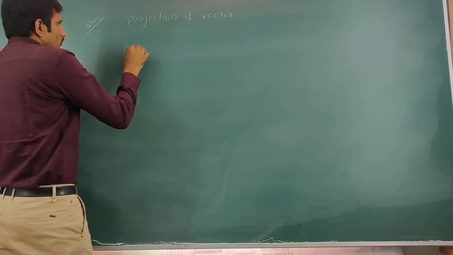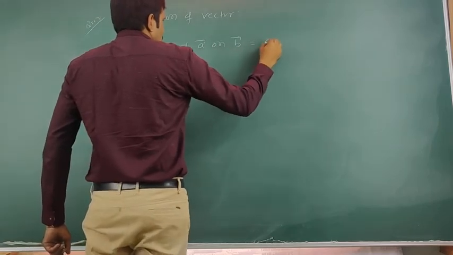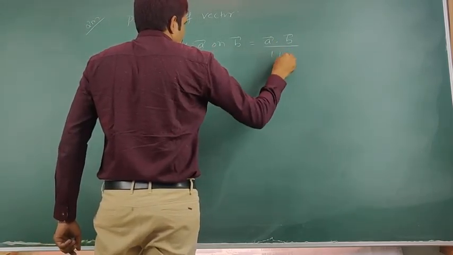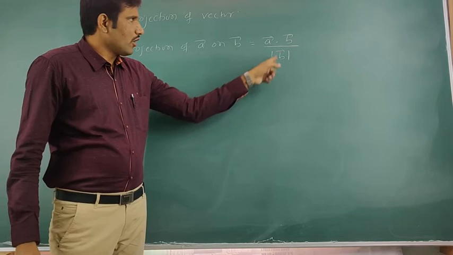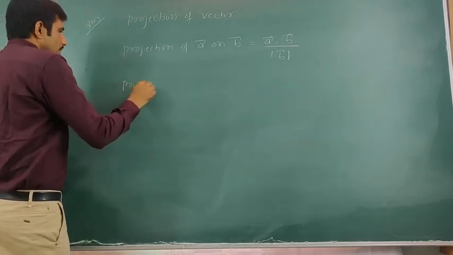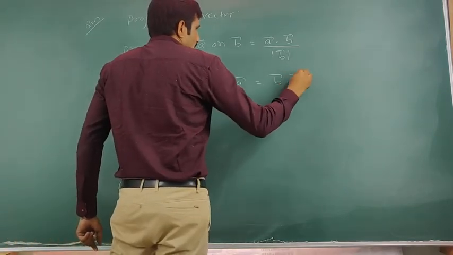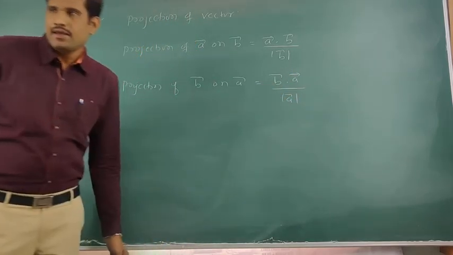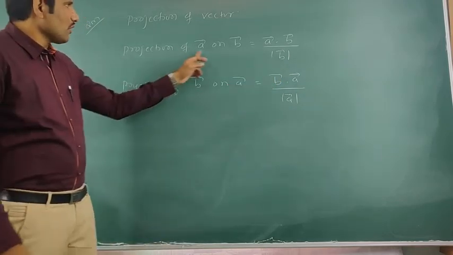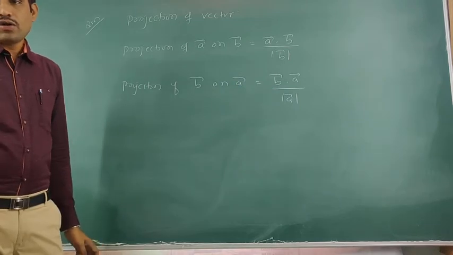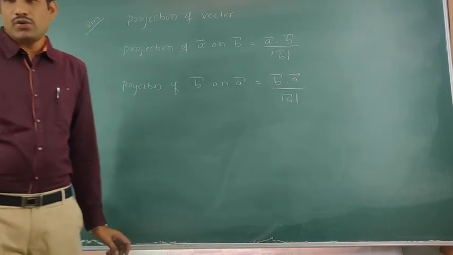The projection of vector A on B is given by A dot B divided by the magnitude of B. On the second vector, the magnitude comes into the denominator, and the numerator is A dot B. Similarly, the projection of vector B on A is B dot A divided by the magnitude of A. Projection of M on N is M dot N by magnitude of N. Projection of P on Q is P dot Q divided by magnitude of Q.